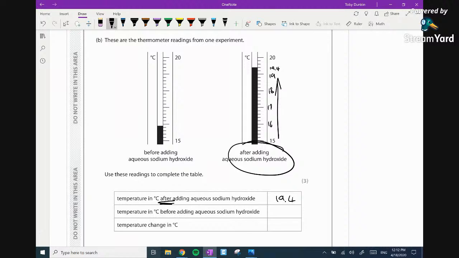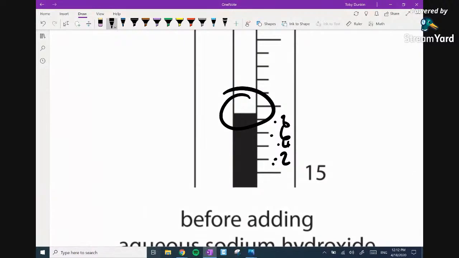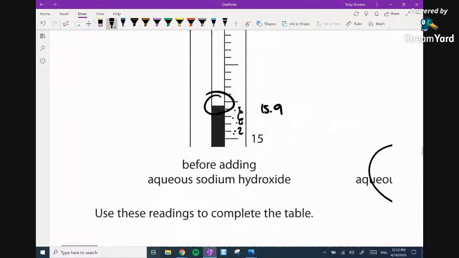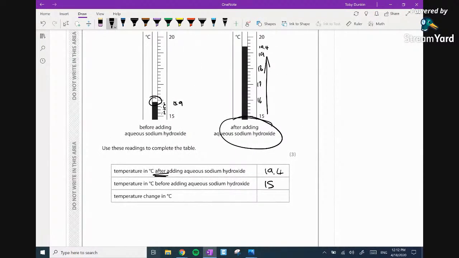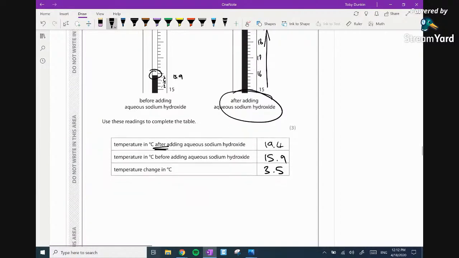The next one is 15.2, 0.2, 0.4, 0.6, 0.8, and it's in the gap. Yeah, so that's going to be 15.9 is what that's going to be. They want us to do the maths on the temperature change. So I'm going to do 19.4 minus 15.9 gives me 3.5 degree temperature change, temperature rise. I like it.